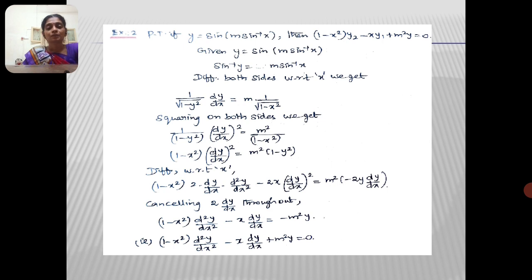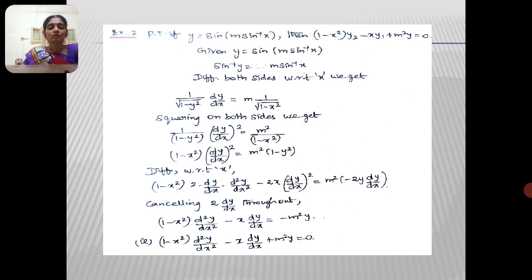Differentiating with respect to x, we arrive 1 minus x square into 2 into dy by dx into d square y by dx square plus dy by dx whole square into differentiation of 1 minus x square, which is minus 2x. That is equal to m square into minus 2y into dy by dx.